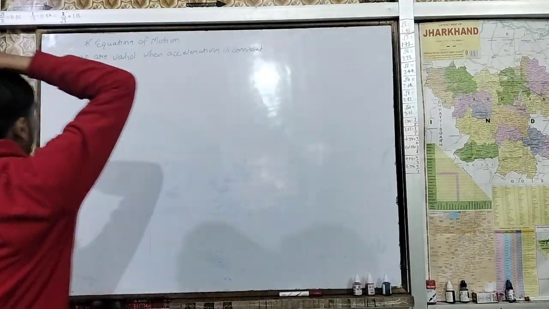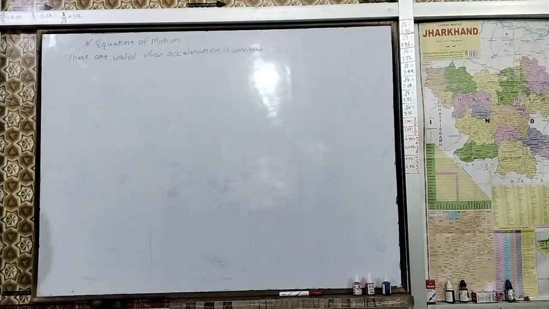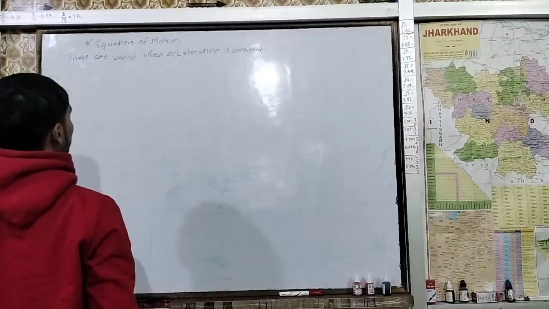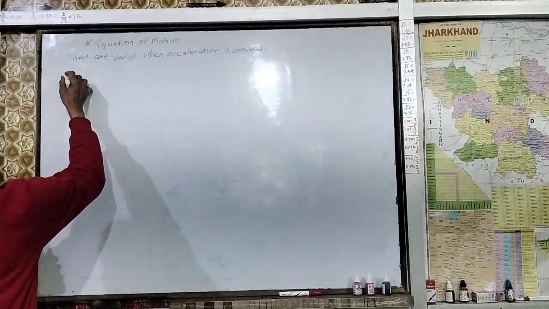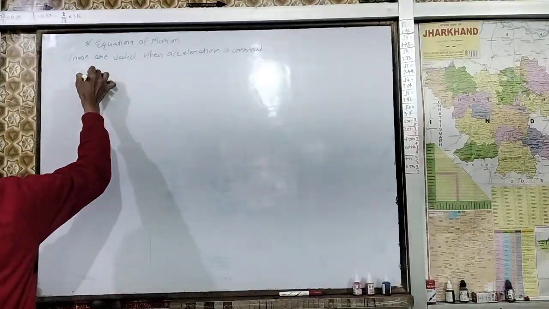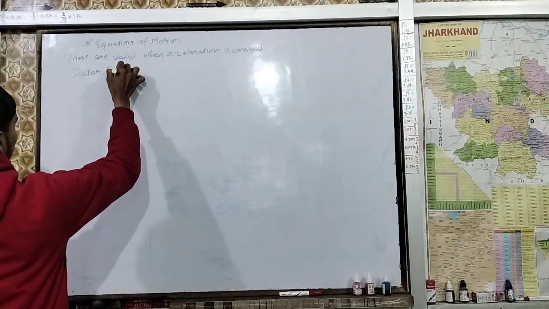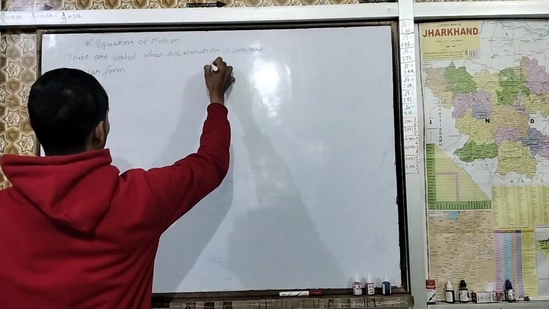Clear? We will use this formula when acceleration is constant. So a scalar form, and this side vector form.